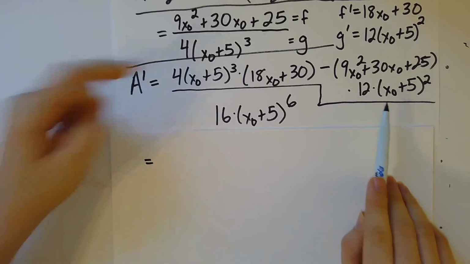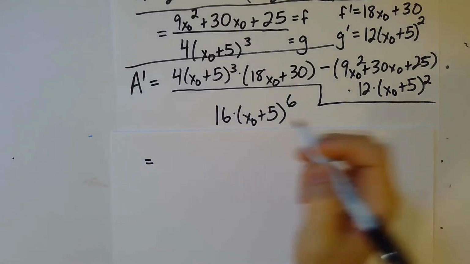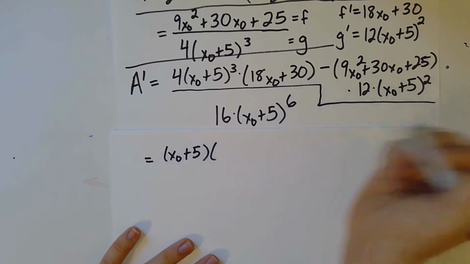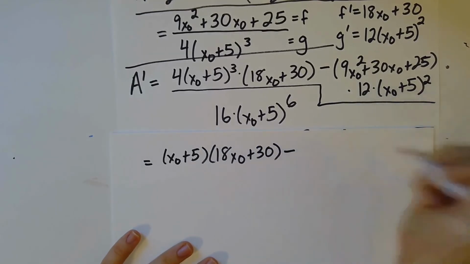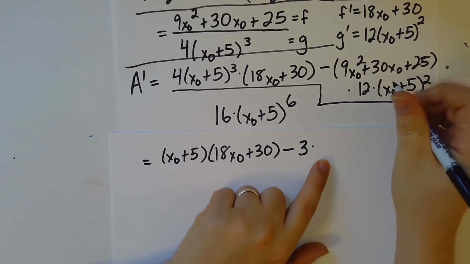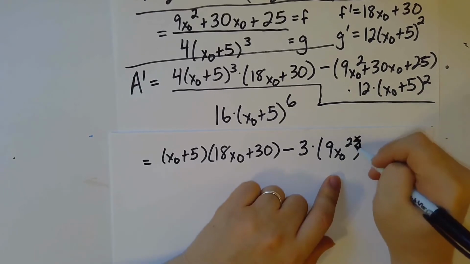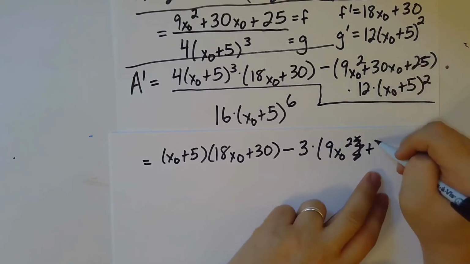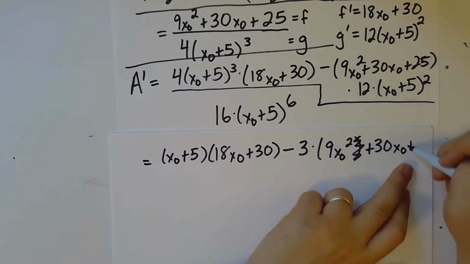So I'm going to cancel out a 4 times (x naught plus 5) squared from the numerator and denominator, which is going to leave me here with (x naught plus 5) times (18x naught plus 30) minus, and here it is going to leave me with just 3 times (9x naught squared plus 30x naught plus 25).